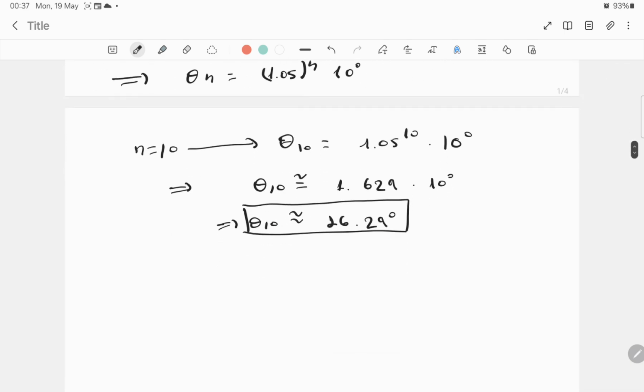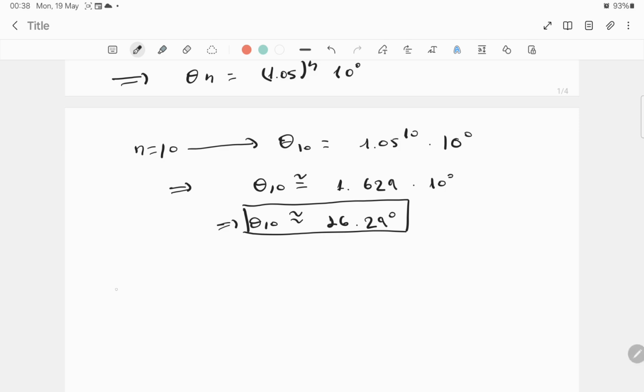So if you have an initial angle that is 10 degrees and you increase it each time by 5%, going counterclockwise, then after 10 iterations the value of the angle is going to be 16.29 degrees.